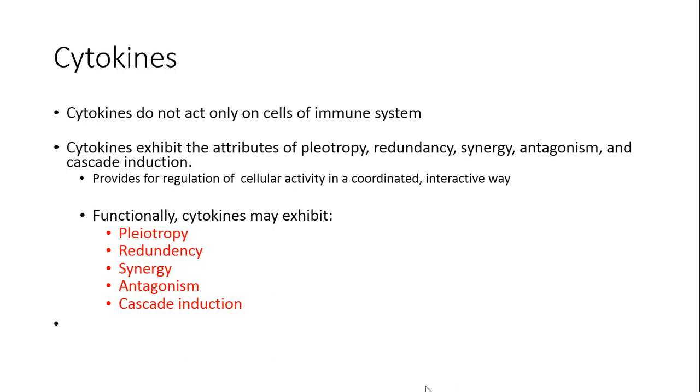They functionally have differences in their actions, in their functionalities. Functionally, cytokines can exhibit a number of different attributes of how they work. So autocrine, paracrine, and endocrine really refers to the actions of the cytokine.